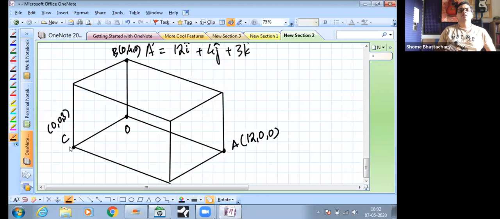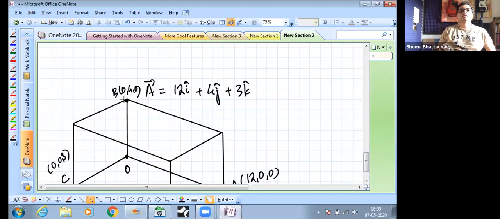Therefore, this thing continued here is my z-axis, this thing continued here is my x-axis, and this thing continued here is my y-axis.